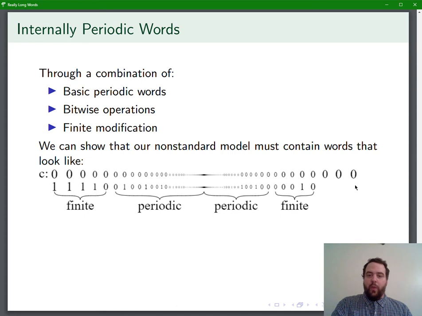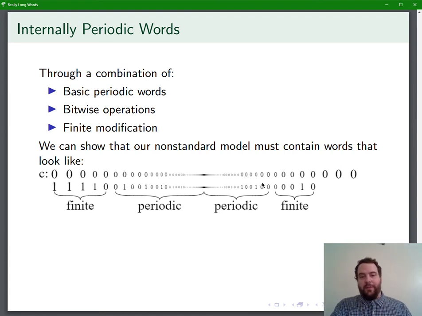Once we choose it for one position, that determines the remainders in modular arithmetic for all of the other positions. And the periodicity going into the infinite bit has to agree with the periodicity coming out of the infinite bit. They have to be lined up, right? If there's a 1 in all of the positions which are congruent to 1 mod 3 going into the infinite bit, then there has to be a 1 in all of the positions which are congruent to 1 mod 3 coming out of the infinite bit for our particular choice of what it means to be mod 3 on the infinite bit.